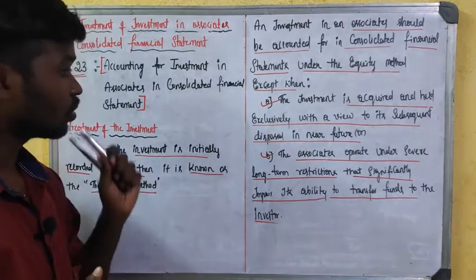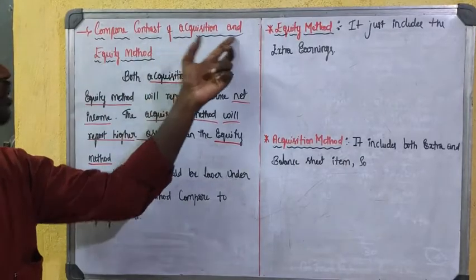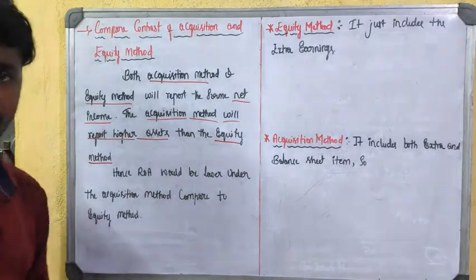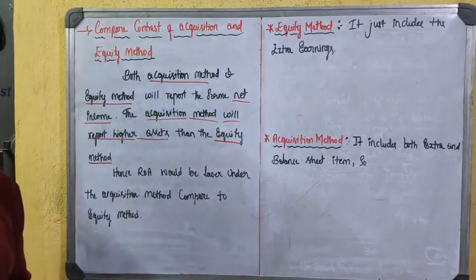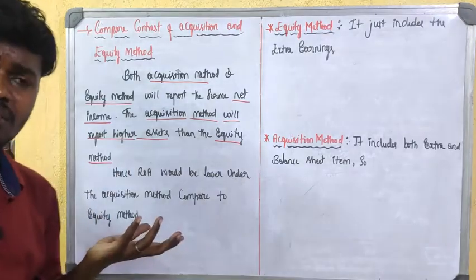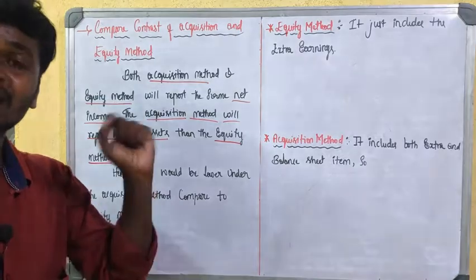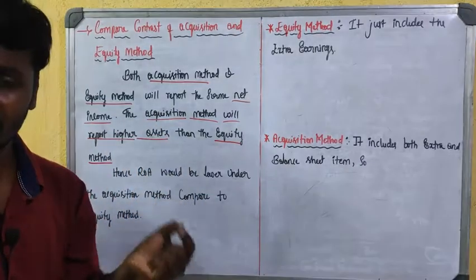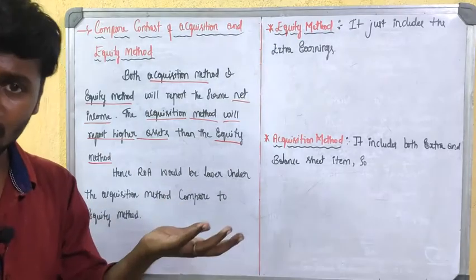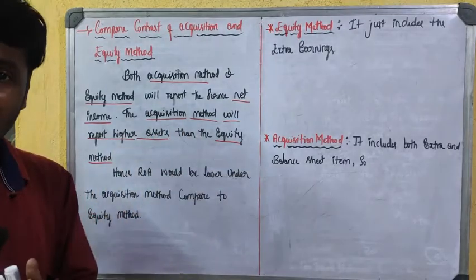Okay, so next, take down the differences between the acquisition and equity method. Okay, that is, compare and contrast the acquisition and equity method. So observe here, both the methods will give the same net income, but the acquisition method will give a higher value of asset compared to the equity method.